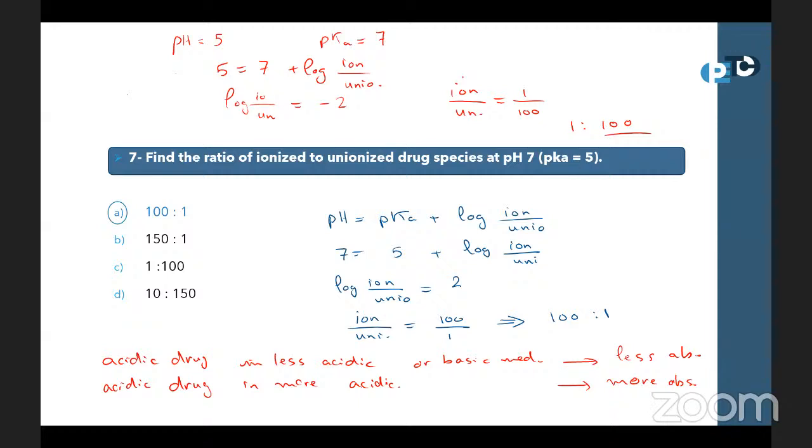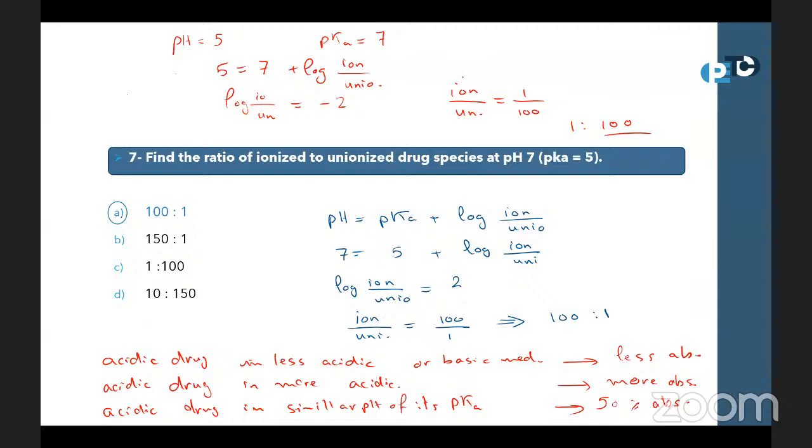But if we put an acidic drug in a pH similar to its pKa, what will we have? 50% absorption. Please take care about those 3 points as a conclusion.